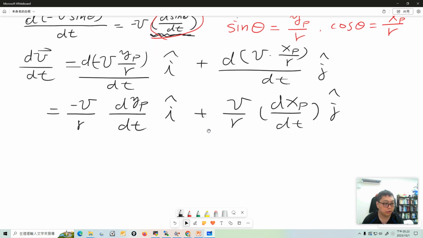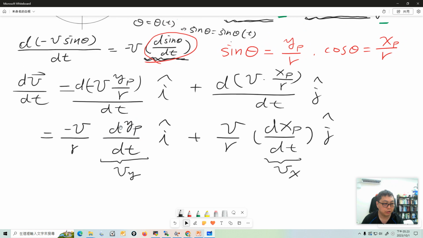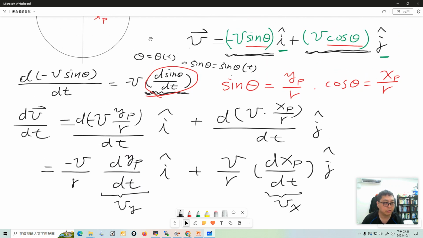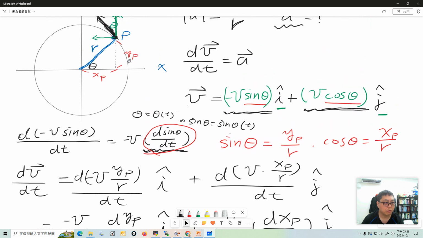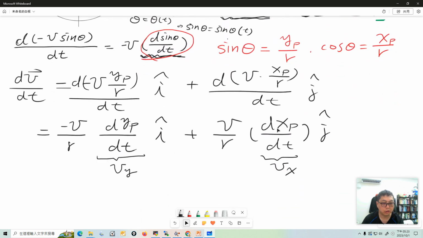What's this term? This is just vy, and this is just vx. Don't you see that? The derivative of position with respect to time is velocity, right? The y component gives vy and the x component gives vx.